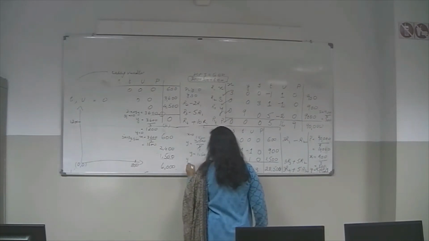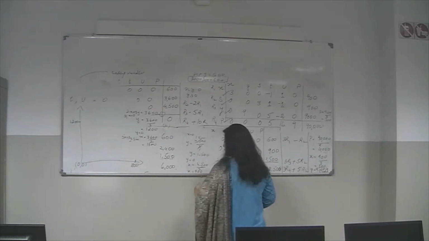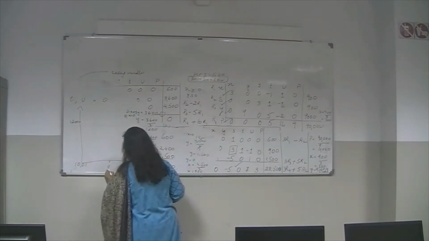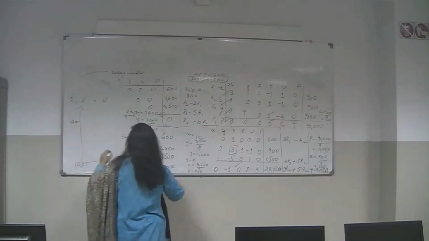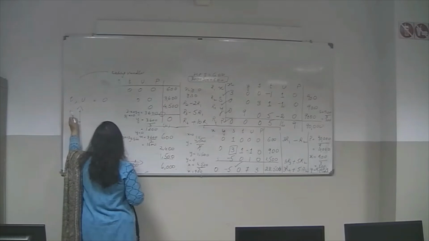Similarly, keeping y equal to 0, x is equal to 4500 by 5. So x will be 900. So now the other line that is approximately here is going to be 900. And in this case, y is above. So this is 1800, this is 1500, sorry.